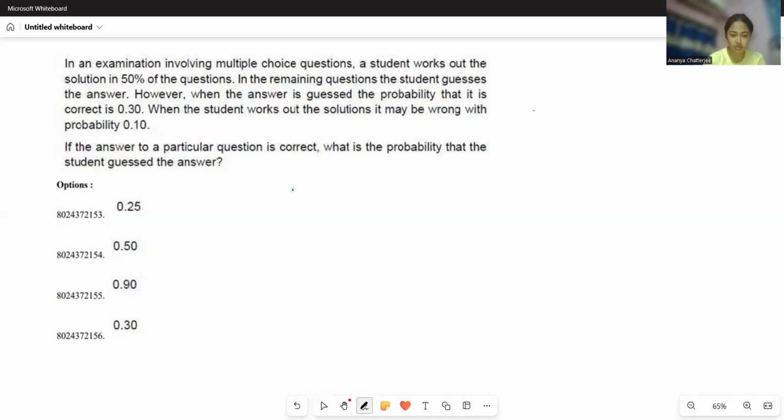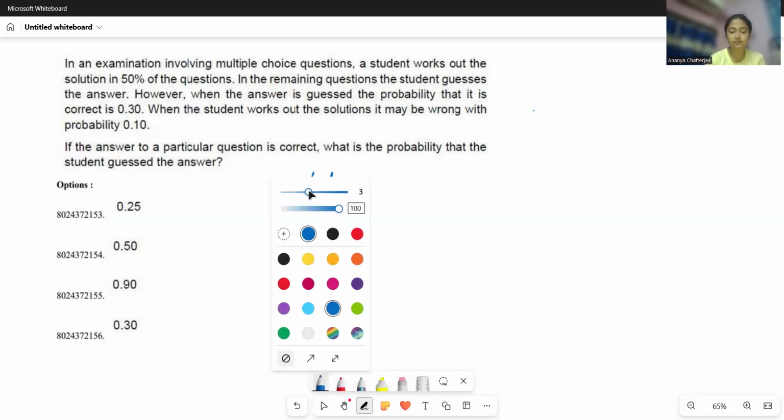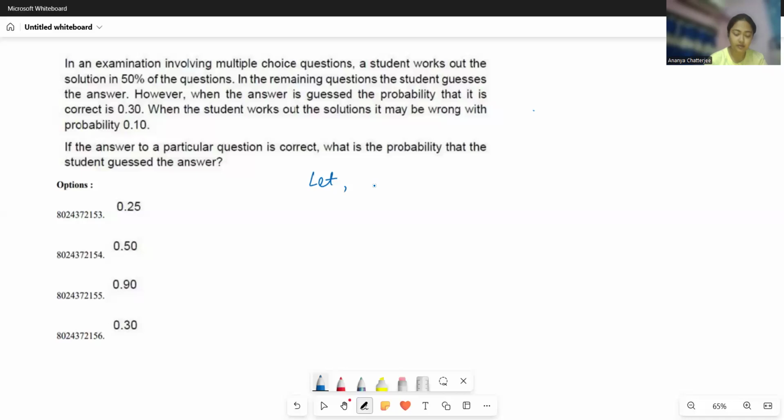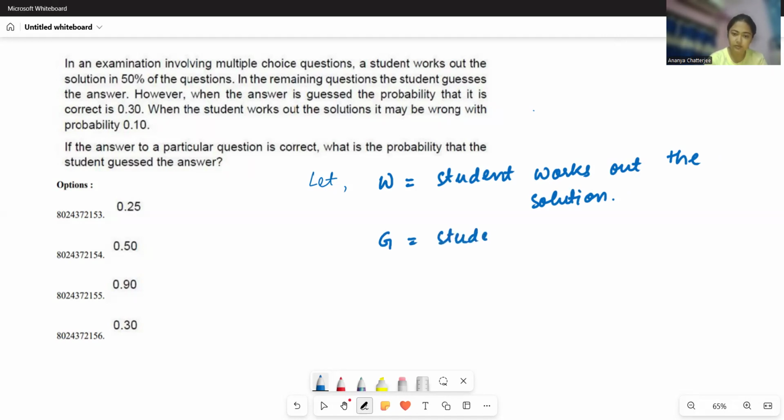Okay. So, moving to the solution, at first we start with, let W be the student works out the solution. Okay. And G be the student guesses the answer.